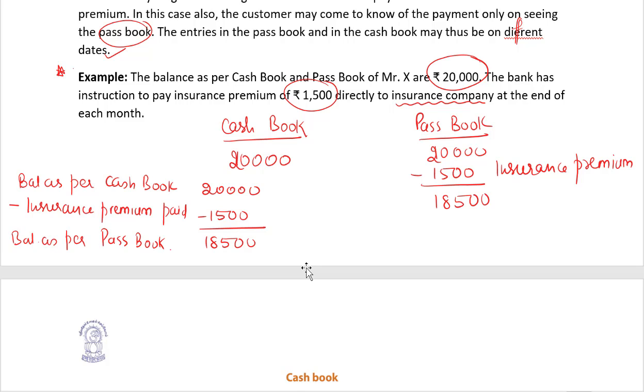On the same lines, if the balance as per passbook is given in the question, in that case the balance as per passbook is 18,500. Do what the other has done.